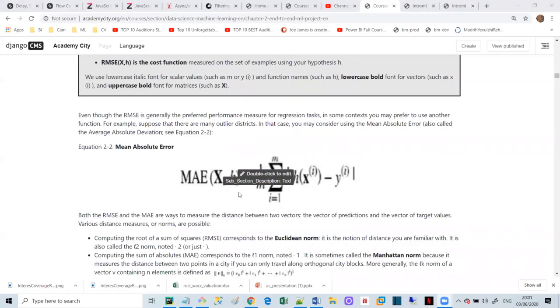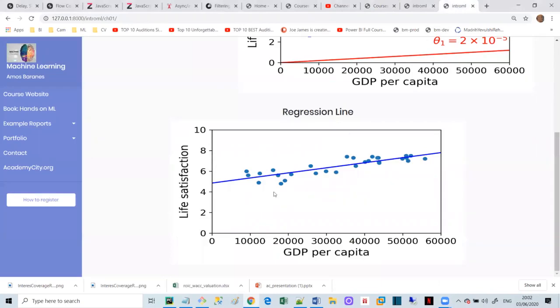If you look here, there is no square. You just take the difference. That's why it's the absolute distance. In this example, I only take the difference between the point and the line. I do not square it, okay? I take only the absolute difference.